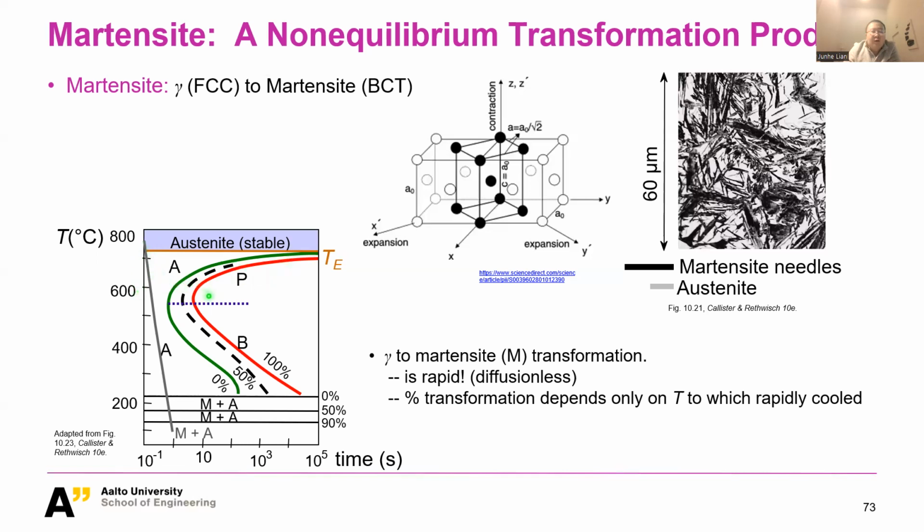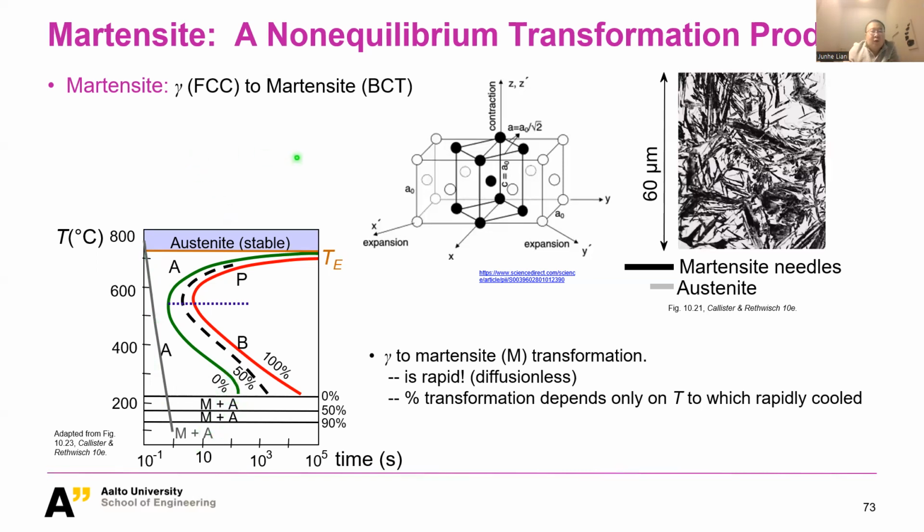You still remember, right? But if you go a lot faster, you will enter the region of bainite. And if you're still not happy and you want really high undercooling, then you will trigger the formation of martensite.